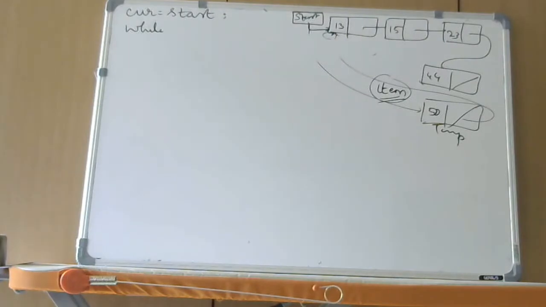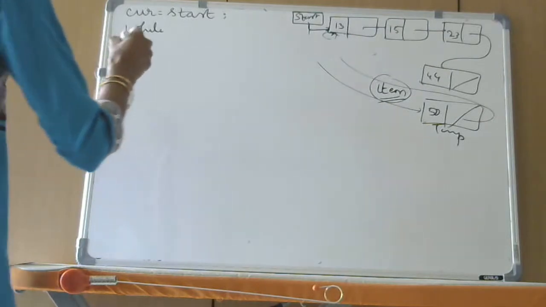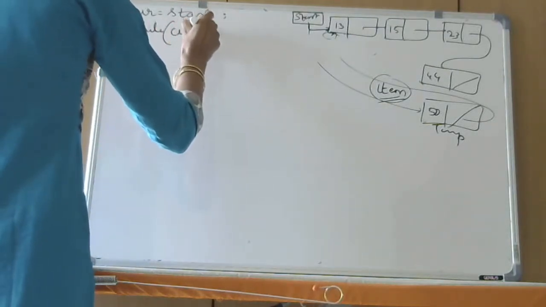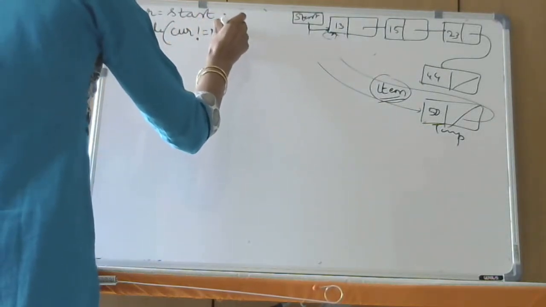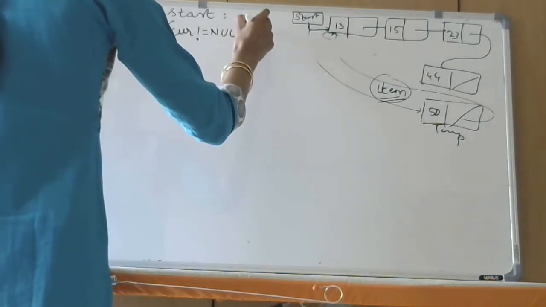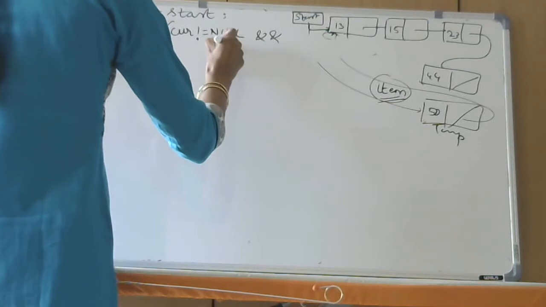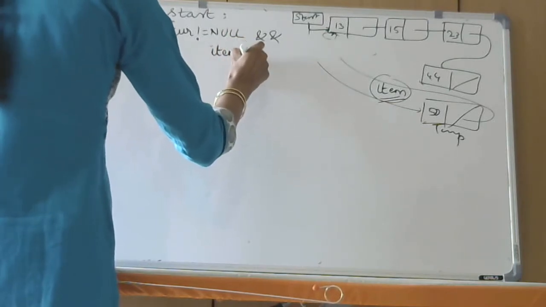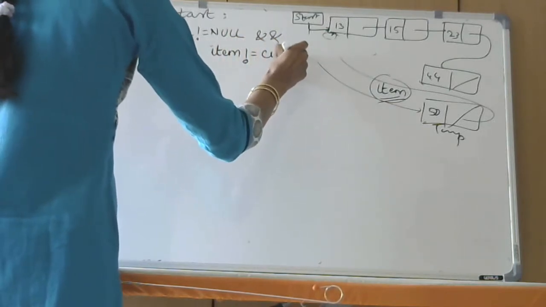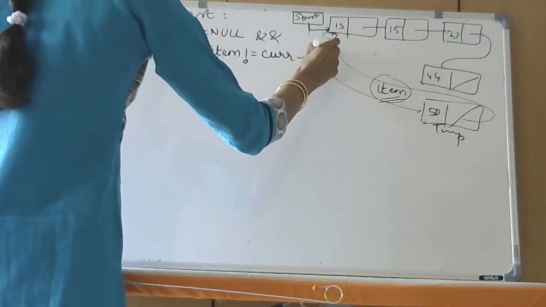In the last video session, we had also taken two pointers, some S and previous or some S and pointer. Correct? Here we have taken previous and current. So while current is not equal to null and item is not equal to current of data.